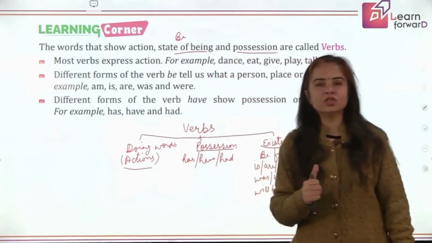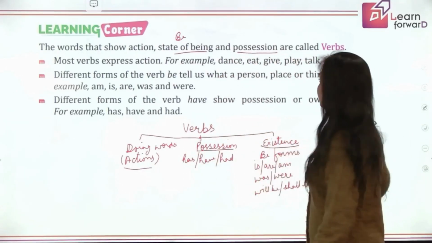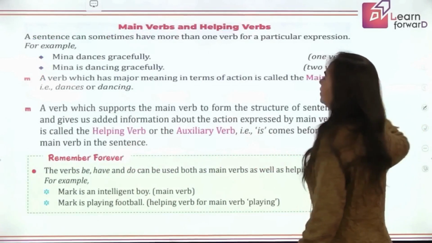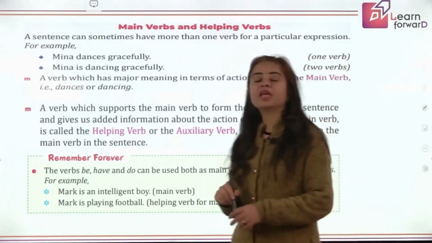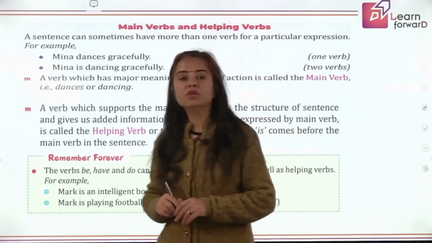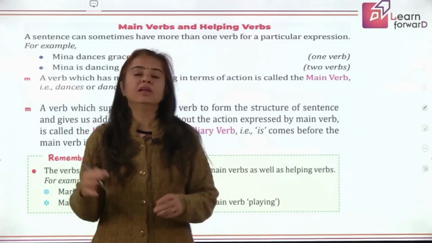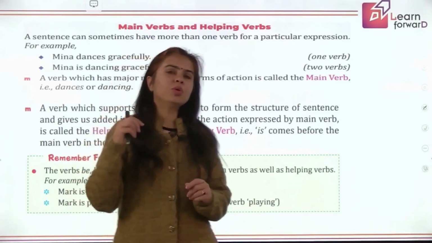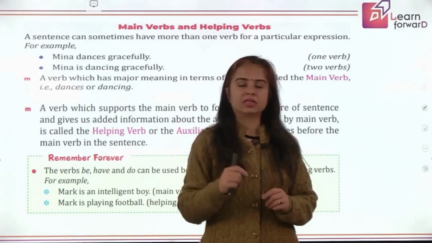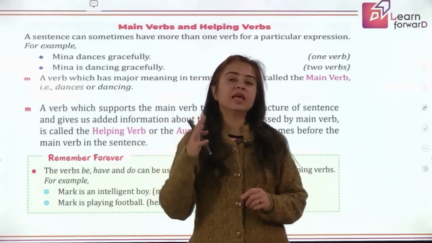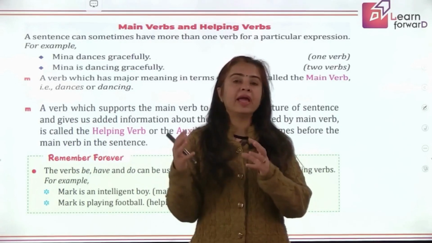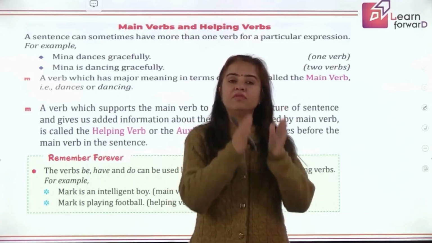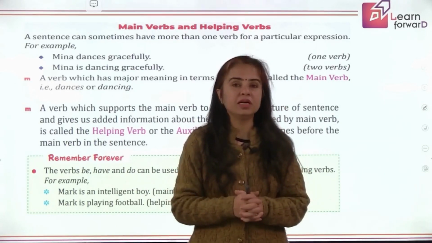Is that clear to all of you? So can we move ahead? Okay. Yes. Now the verbs can be classified as main verbs and helping verbs. Let's try to understand the meaning of main and helping. Suppose you are doing a project and somebody is helping you. The help, the support comes only when the main work is being done by you.